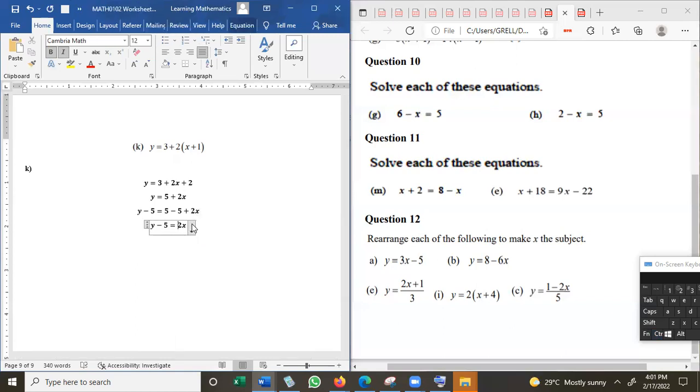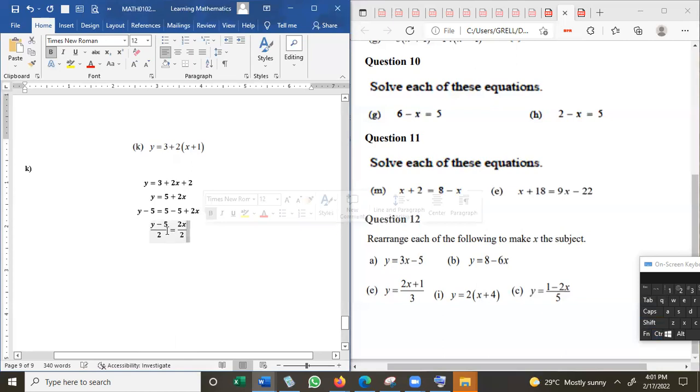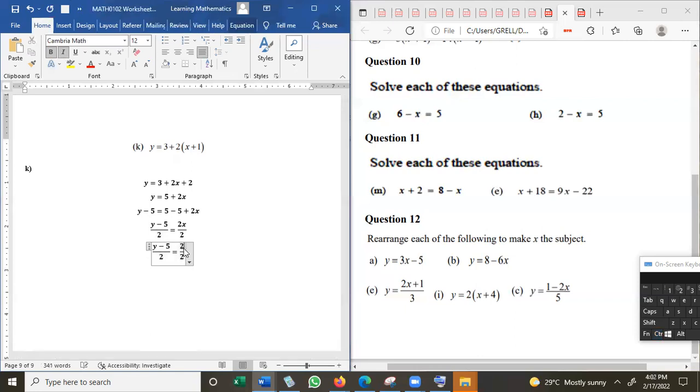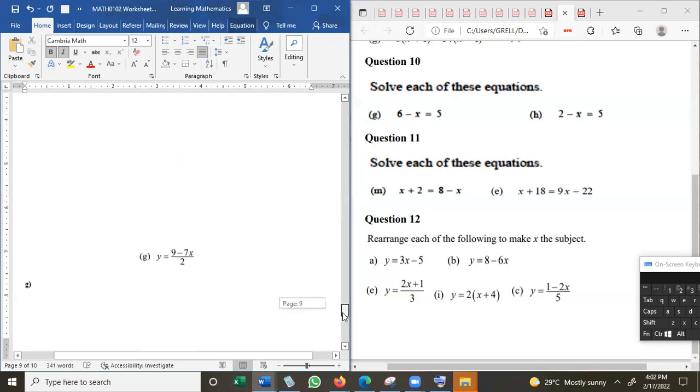So all we need to do is divide by 2 on both sides. And we are left with x is equal to (y minus 5) over 2. So when you have a bracket, you clear it out.